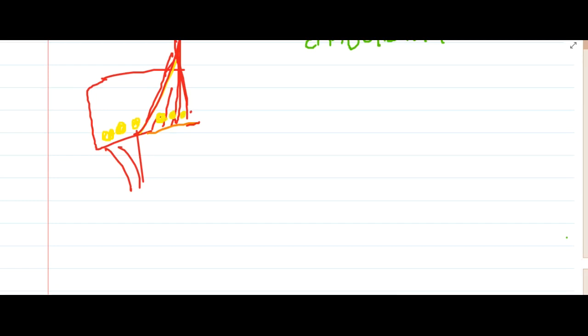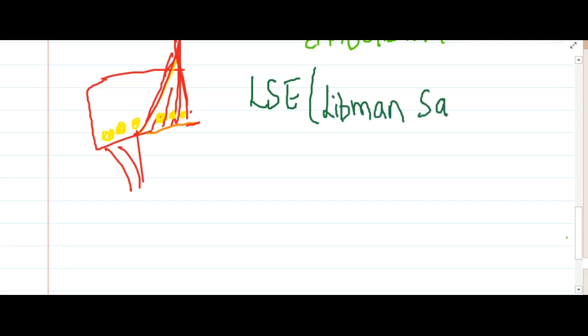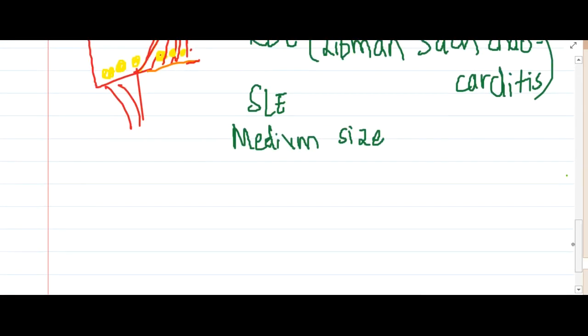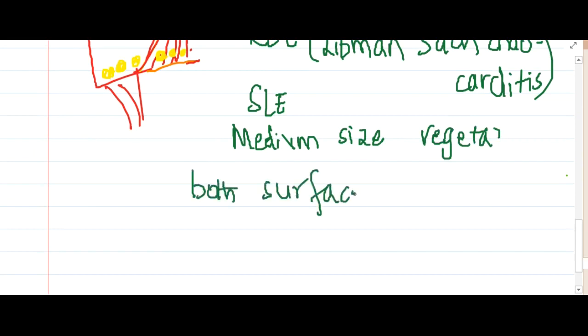So what is this type of endocarditis? This is Libman-Sacks endocarditis, and this Libman-Sacks endocarditis is actually seen in SLE, systemic lupus erythematosus. Here you will see medium sized vegetations, and these vegetations are present on both the surfaces, and these are actually more commonly seen on the lower surface than the upper surface.